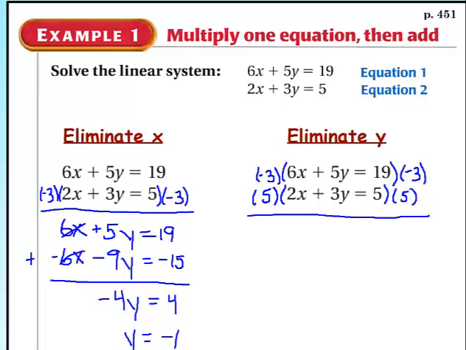So now let's rewrite the new system after I multiply by these two numbers. So distributing in negative 3 times 6x, negative 18x. Negative 3 times 5y, negative 15y. That's what I wanted. On the right side of the equal sign, negative 3 times 19 is equal to negative 57.